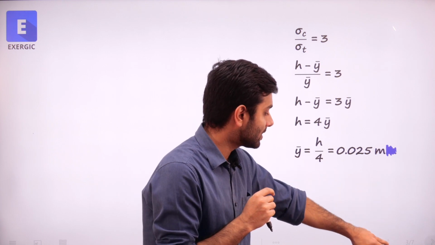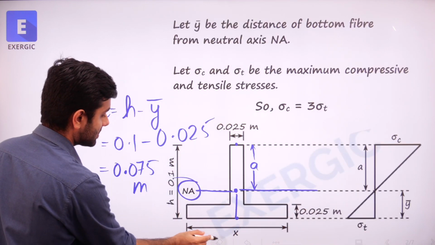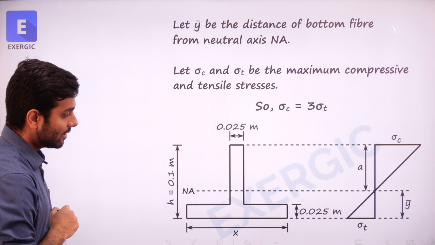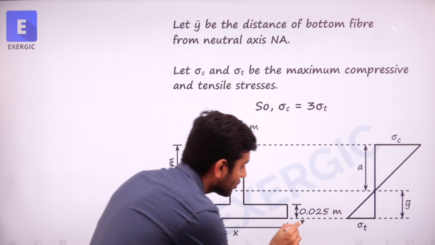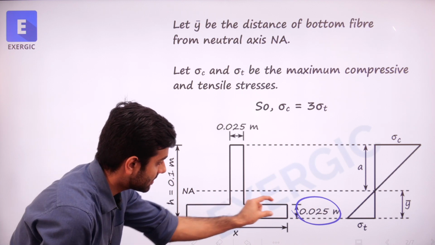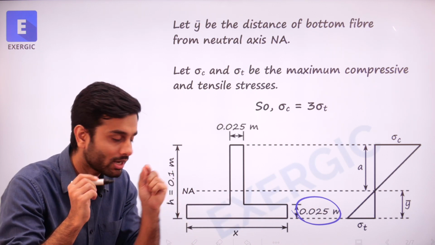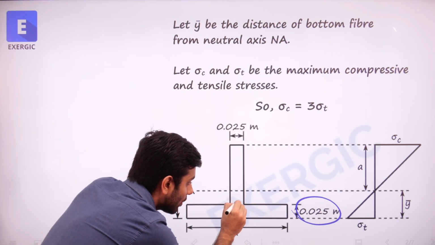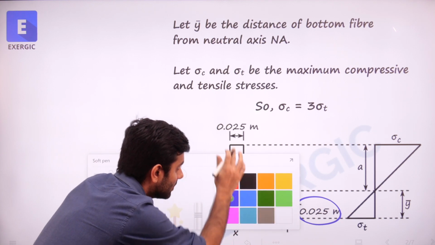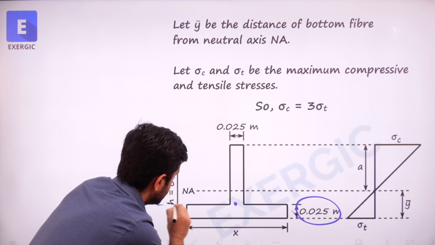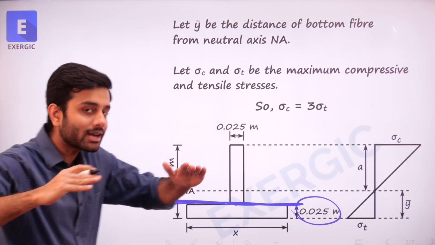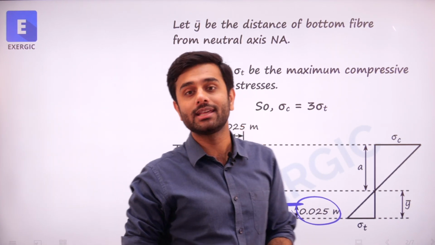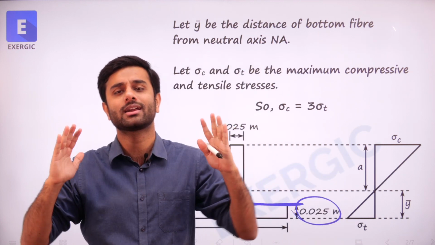If you look at this actual section, where does the point lie? This height is 0.025 meter, right? It means that neutral axis is going to pass from this point. This is the point from which neutral axis is going to pass. Clearly, neutral axis is dividing the section into two clear rectangles.